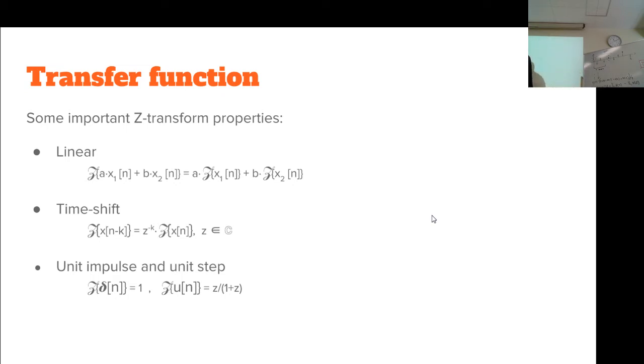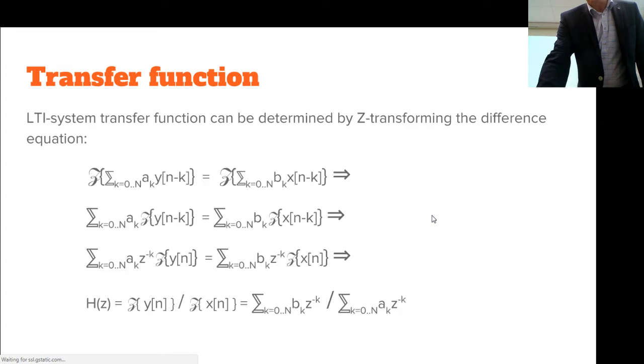Since we don't have an impulse generator, we use the square step to check it. You run this test signal, the unit step, and see what comes out. And in your digital design, you can check it with the theoretical testing.